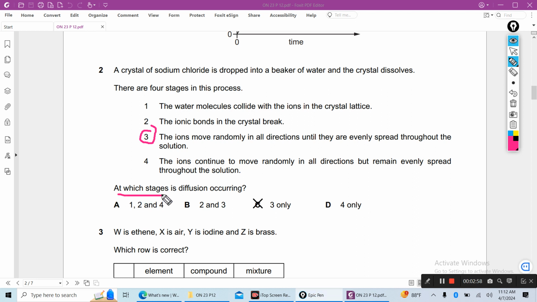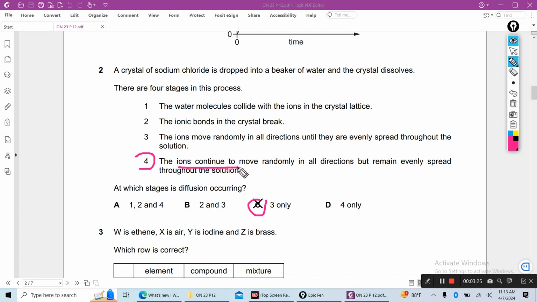At which stage is diffusion occurring? As diffusion, the ions move randomly in all directions until they have evenly spread throughout the solution. This is the diffusion process. So C is the correct answer. But why is D wrong?